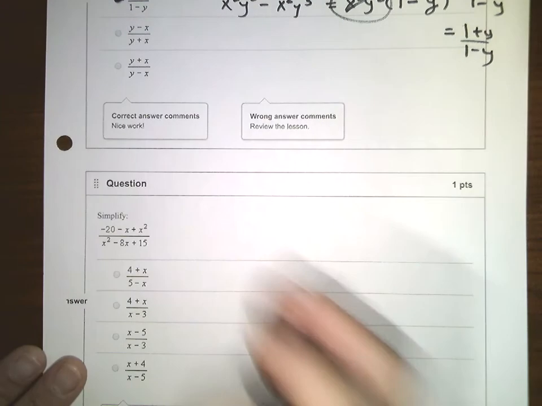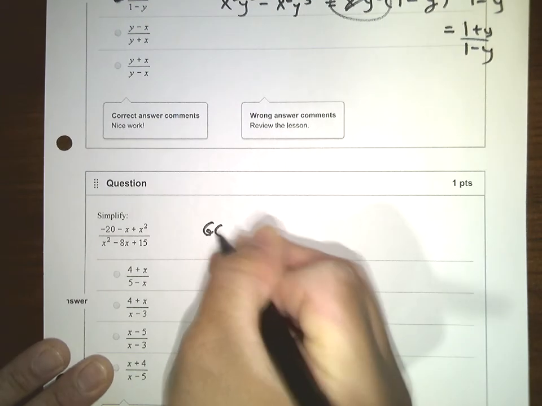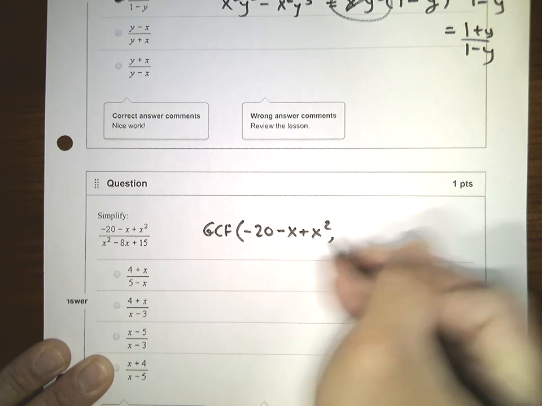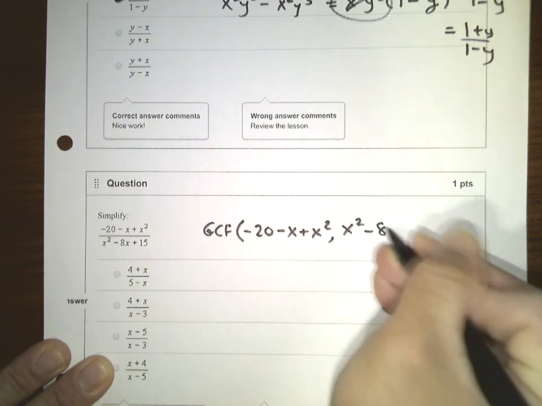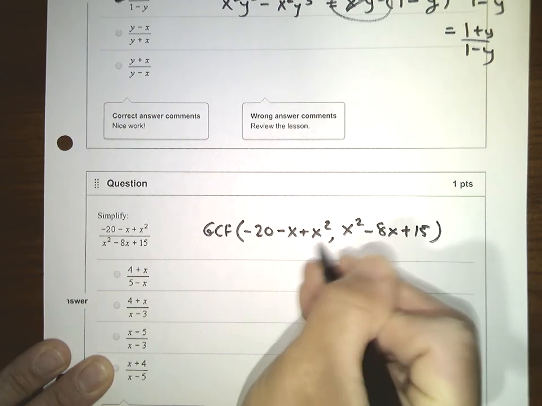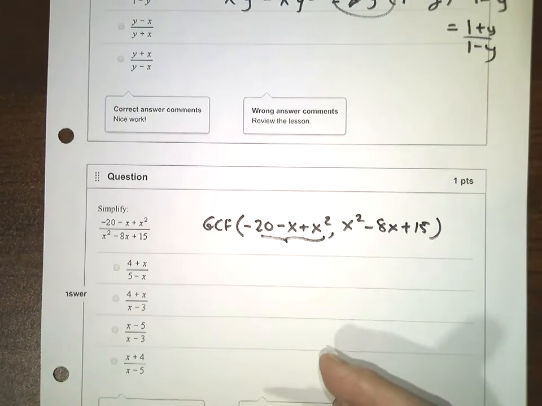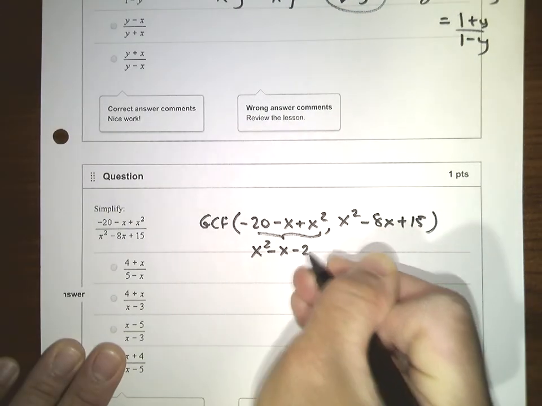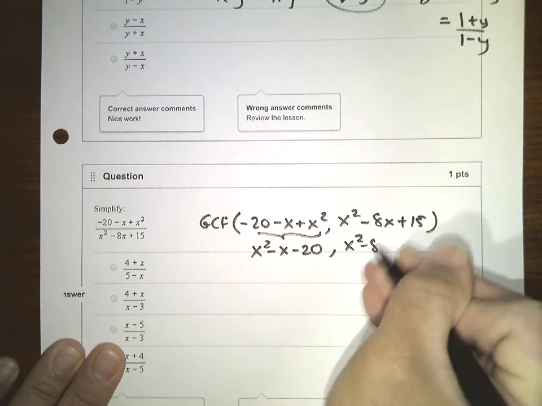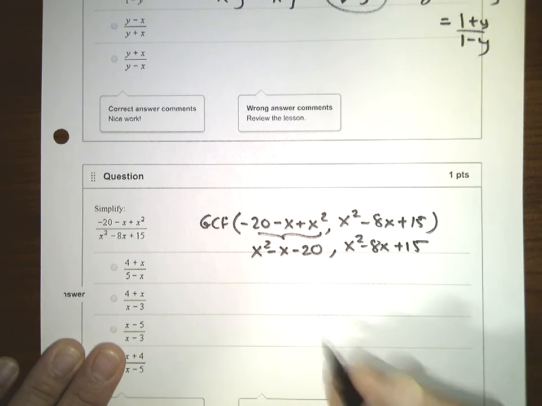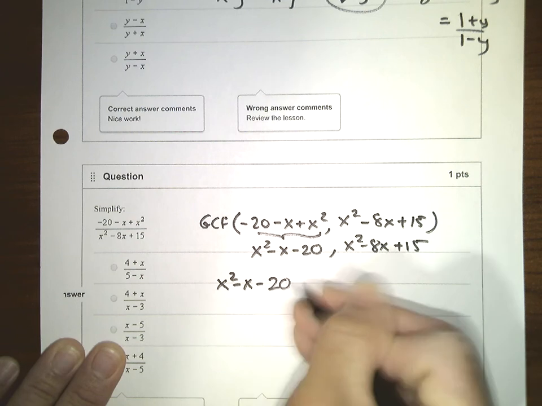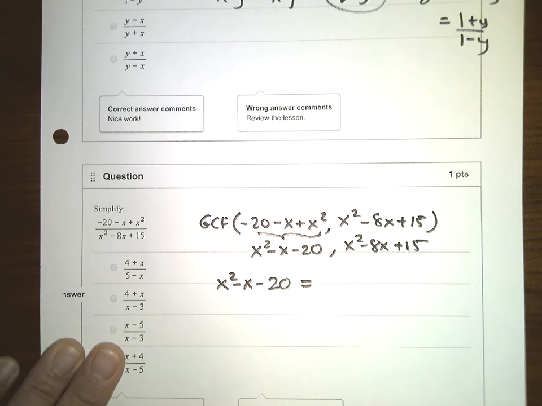So let's do another one here. I have negative 20 minus x plus x squared and x squared minus 8x plus 15. I'm going to write this first expression in descending order so that it's x squared minus x minus 20, so that it's a little bit easier for me to factor and then find the GCF. So for x squared minus x minus 20, I don't have a GCF, but I can factor this.